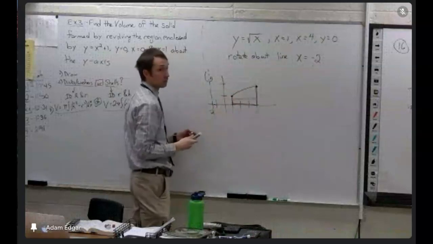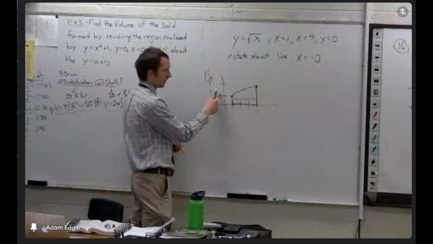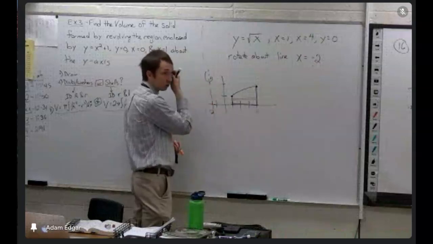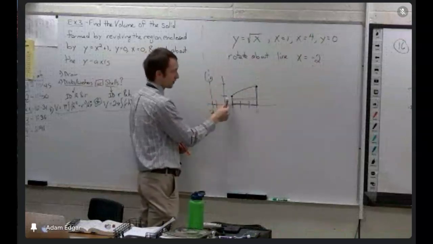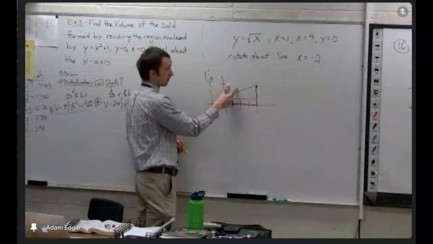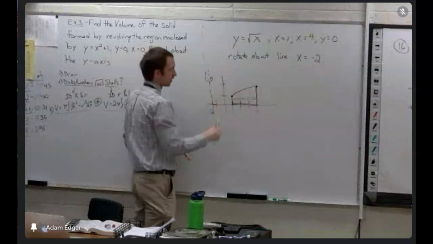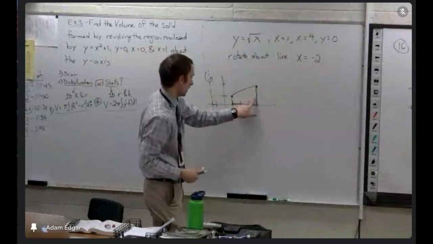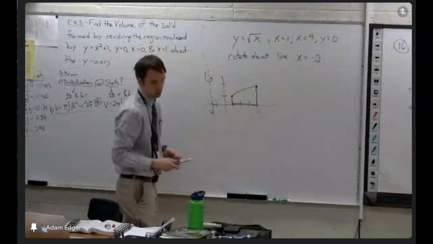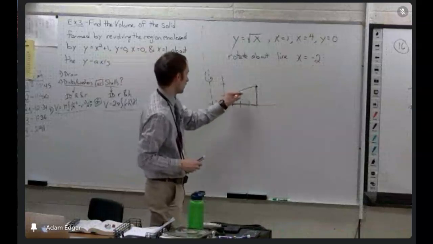So we would have to have two integrals, one from 0 to 1, and then a second integral from 1 to 2, where little r changes from being 1 to being the curve in terms of y, so x equals y squared. So this is a situation where you could do washers, but shells is going to be less painful. So let's do shells.